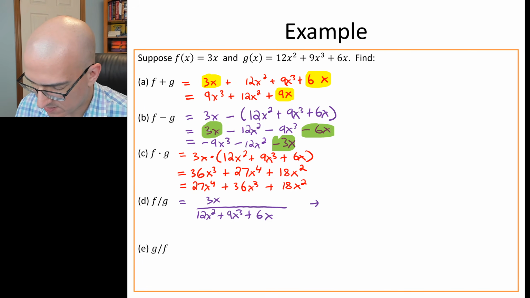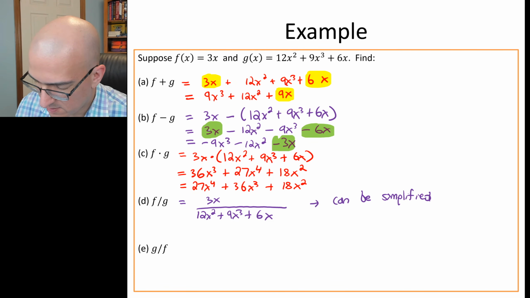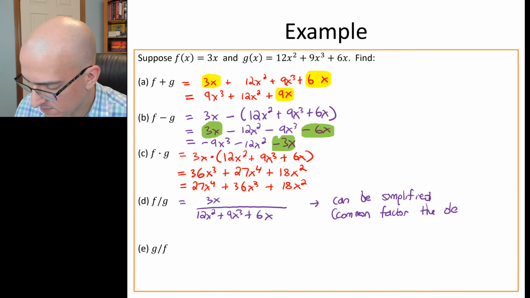I'll just write "can be simplified." What you would do is you would common factor the denominator, and then cancel.